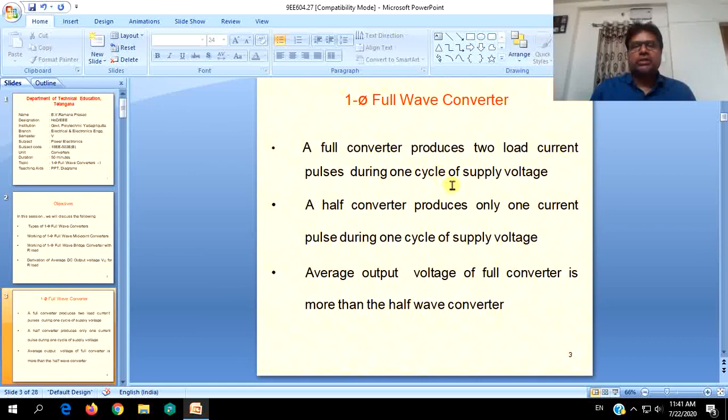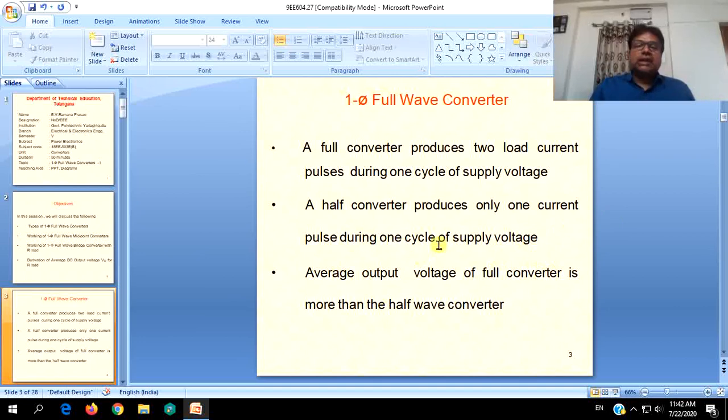One cycle means positive half cycle and negative half cycle. In positive half cycle one pulse is needed, in negative half cycle also another pulse is needed. In case of half wave rectification, it was triggered or controlled only in one half cycle, the positive half cycle, so only one current pulse was needed during one cycle.